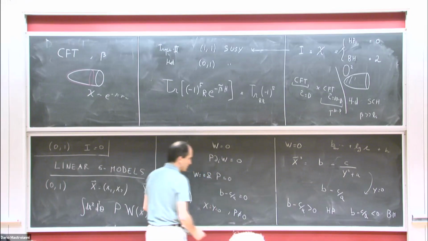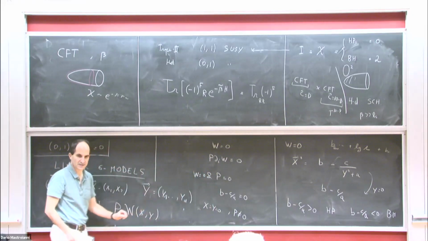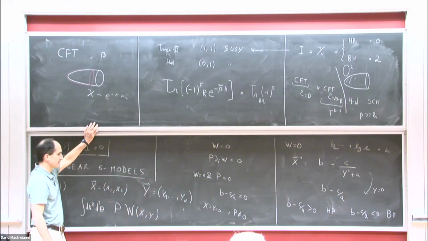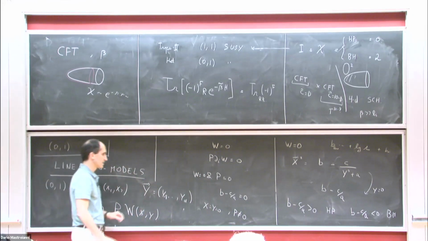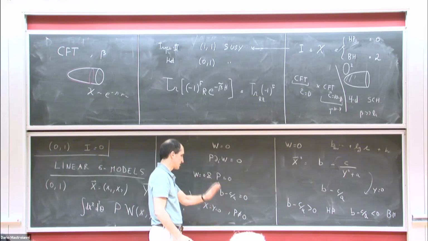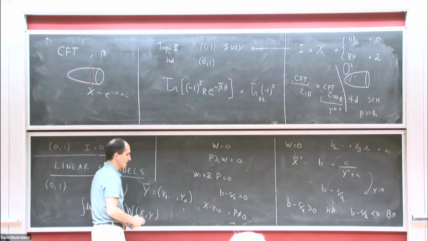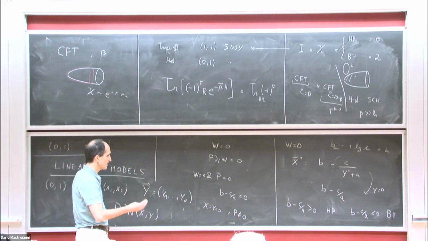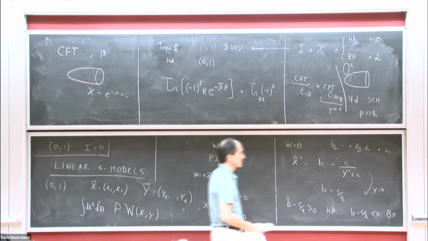Okay, so it looks like a new branch opens up. That's in the classical theory, but it turns out that once you consider the quantum corrections, this new branch gets a superpotential.